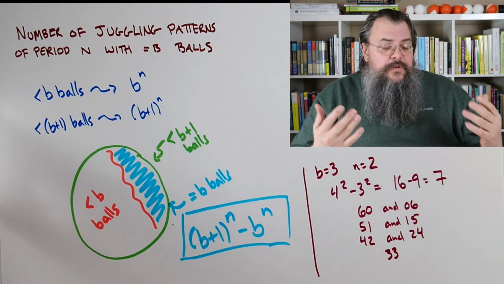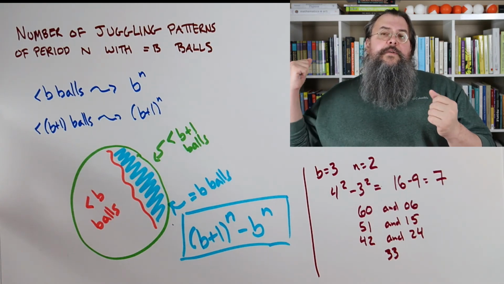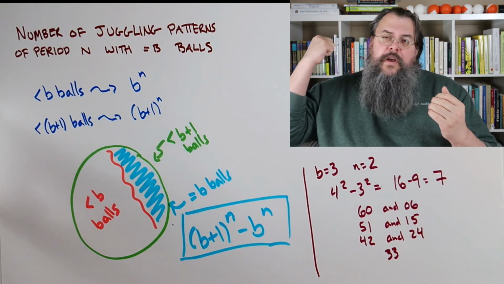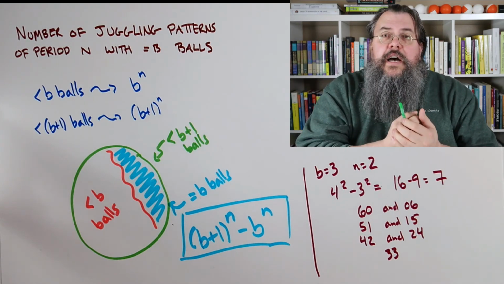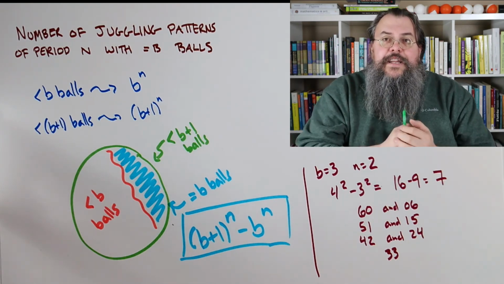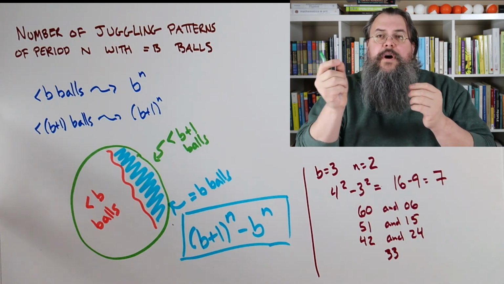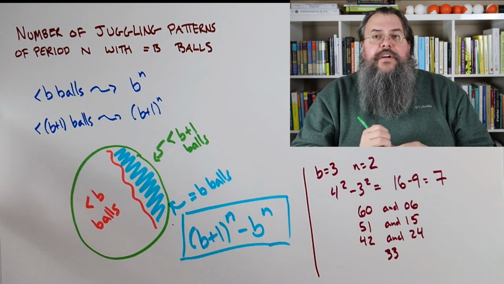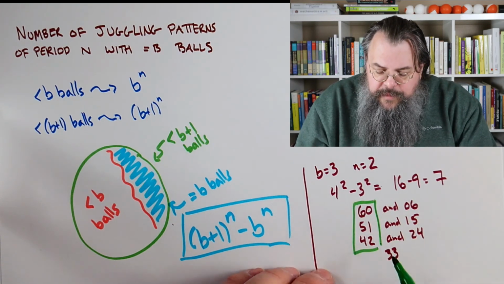Well, it depends, of course, on what you want to count. But in some sense, you could say, look, if I want to count, it has to have period n, but not smaller, and exactly b balls. And I don't want to count things which are the same by somehow changing where I start. Well, in that case, it's a smaller number, right?